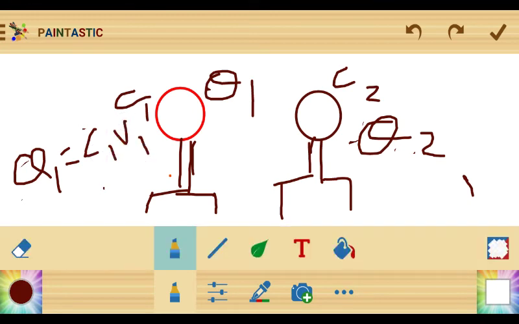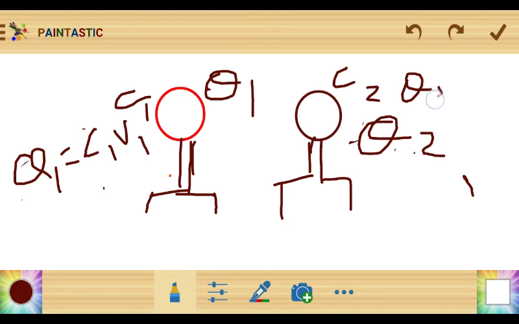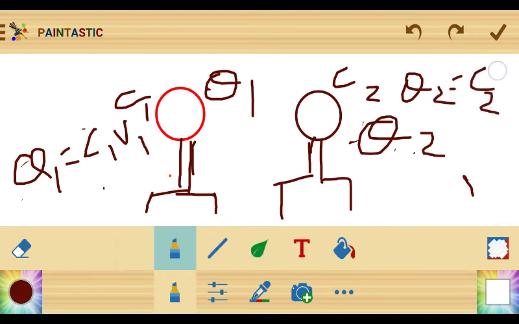Similarly for this one, Q2 is equal to C2 V2.